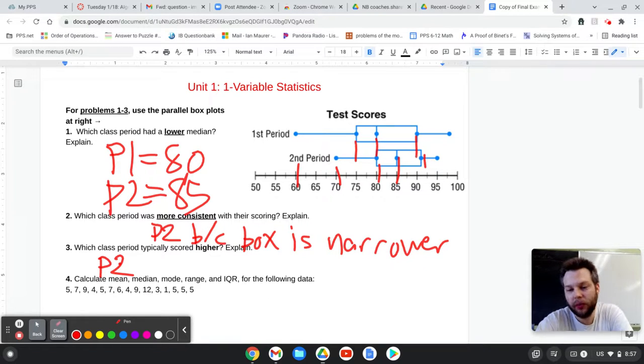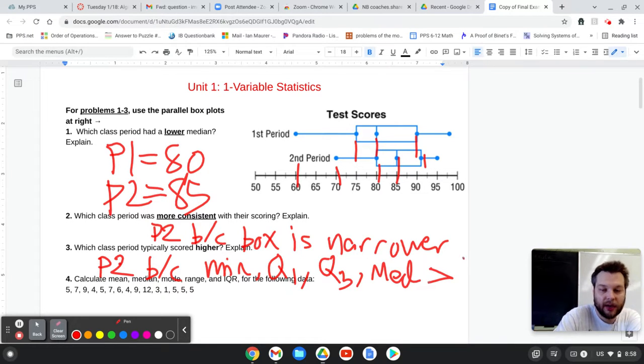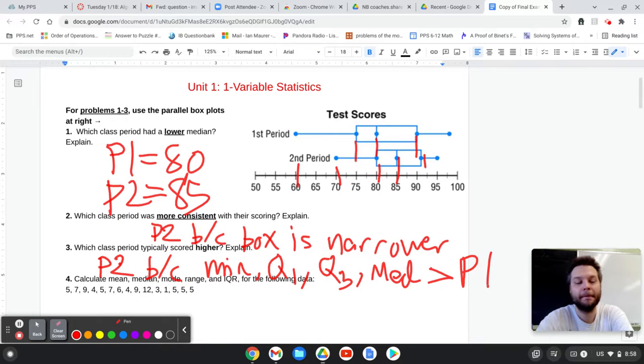So we know at least one student in period 1 did better than anyone in period 2. But on average, typically P2 did better, because the minimum, the first quartile, the median, and the third quartile are greater than P1.